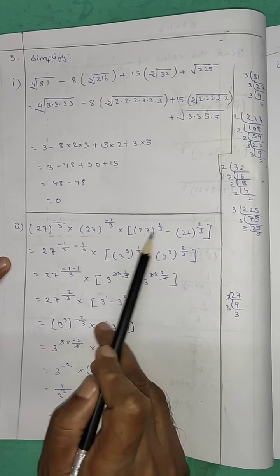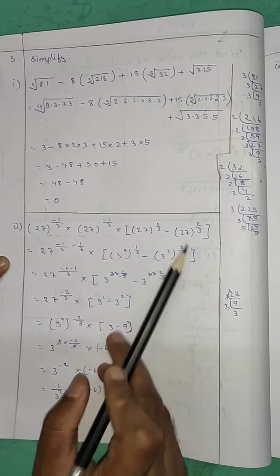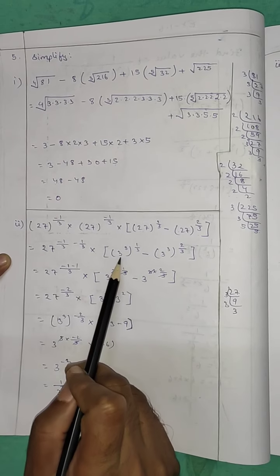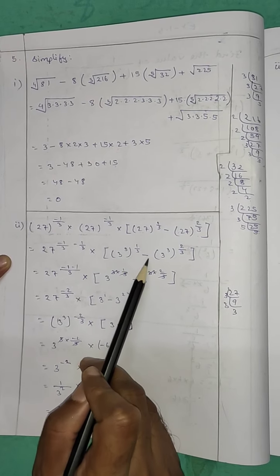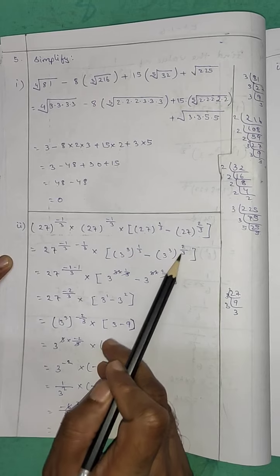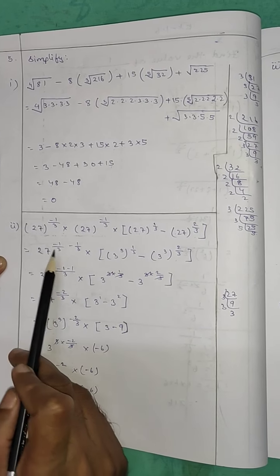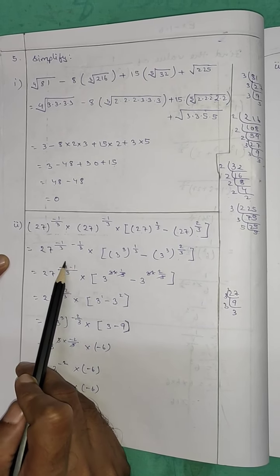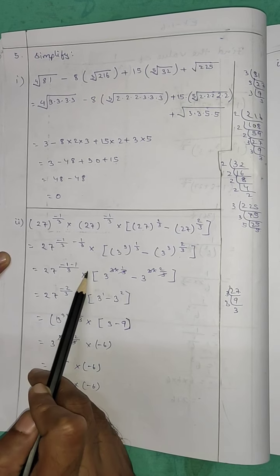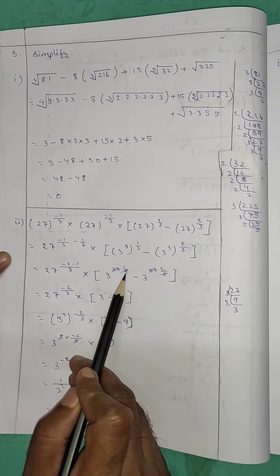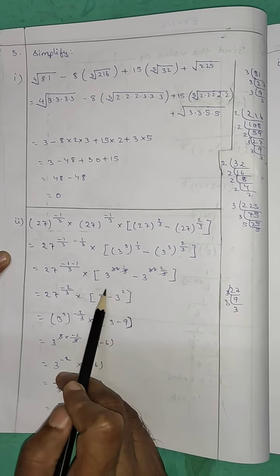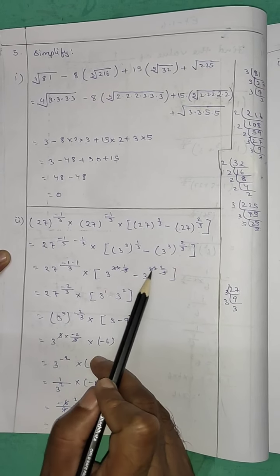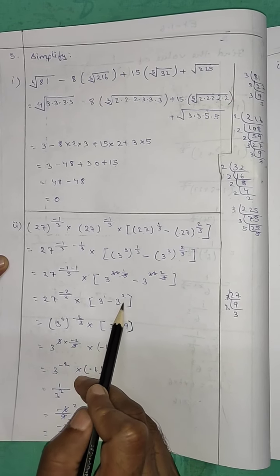For this you put the factors. 27 factors are 3 three times. So (3 cube) whole to the power 1 by 3 minus (3 to the power 3) whole to the power 2 by 3. Here take the LCM, minus 1 plus 1, and double power should be multiplied. It will be 3 to the power 1. Here also double power should be multiplied, 3s cancel. It will be 3 square.